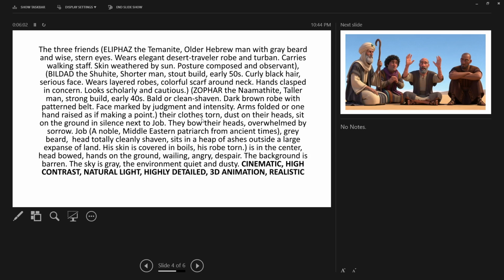Every character is described individually, and then they're all brought together into one picture. So study this: name your characters, body posture, clothes they are wearing, their demeanor, what they look like, even their emotions. Everything you should be able to pinpoint from this prompt.